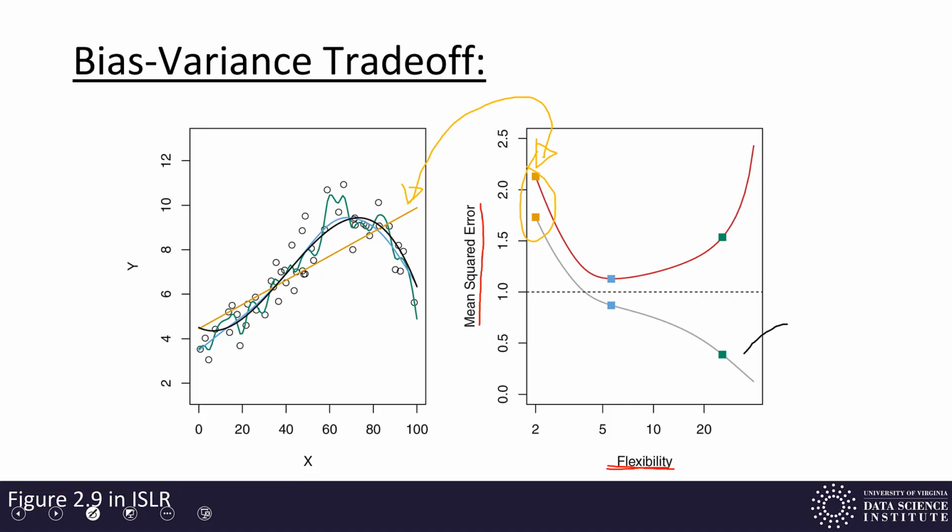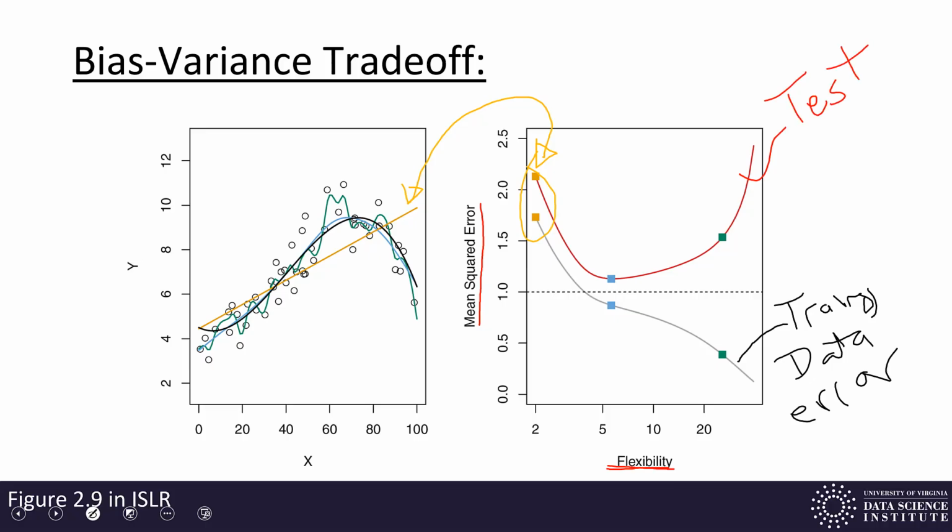What's shown in gray is the error rate, or the mean squared error, on your training data, and what's shown in red is the mean squared error for your test data.